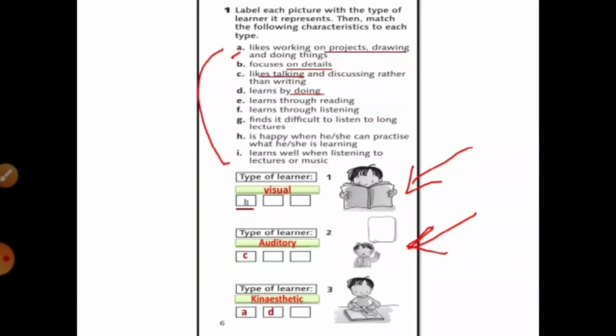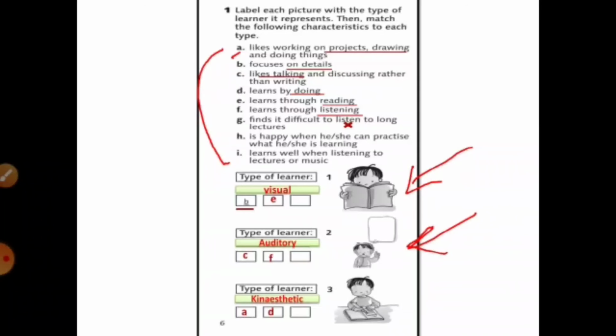Learns through reading. Of course, the answer is visual. Learns through listening. استماع. The answer is yes, auditory. Finds it difficult to listen. Okay, so if the characteristic إذا الصفة هي إنه learns through listening إذا إحنا auditory.